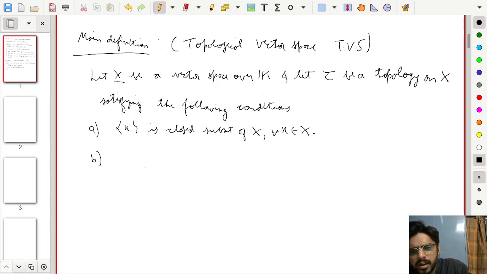for a vector space there are two maps which are associated with the vector space, right? That's addition and scalar multiplication. The addition map from X cross X to X and the scalar multiplication map from K cross X to X are continuous. This is the addition map.